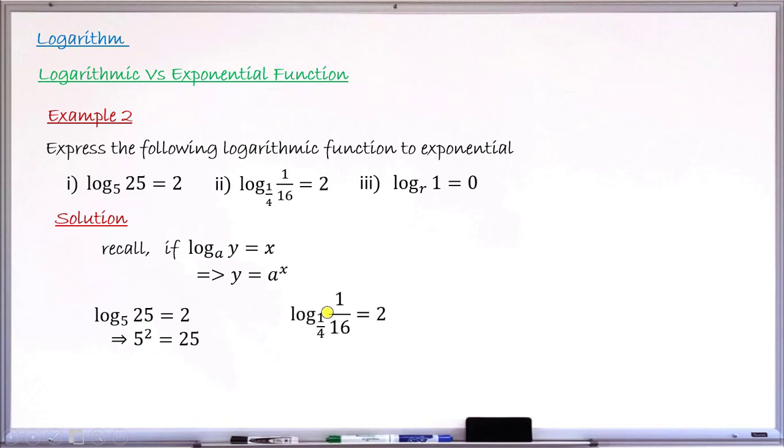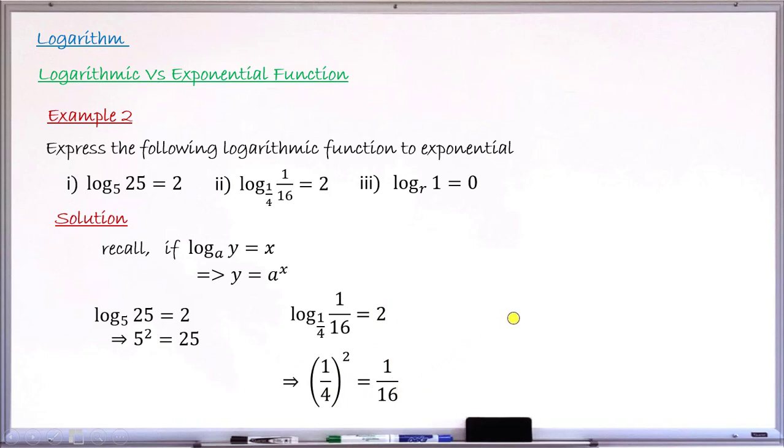That is log to base 1 over 4 of 1 over 16 equals 2. So if I should now write it, I'm going to have this fraction 1 over 16 equal to this base 1 over 4 raised to this very power. So I'm going to have 1 over 4, that is my base, raised to the power of 2. This result will now be equal to 1 over 16.